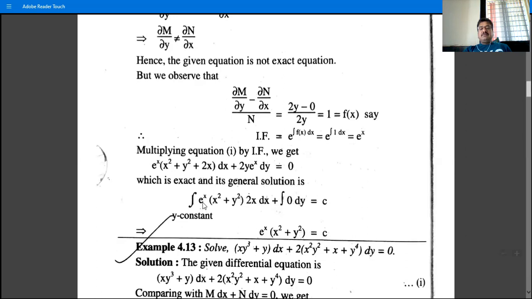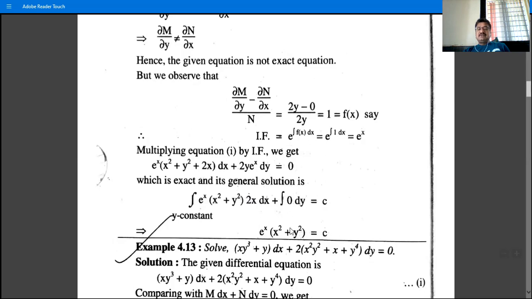So we take the first factor e raised to x, and we have to obtain its integration by using the part rule, with x square plus y square plus 2x as the first function and e raised to x as the second. I applied the part rule two times.